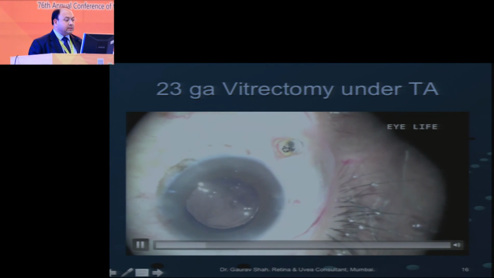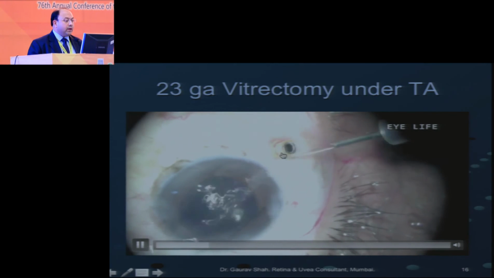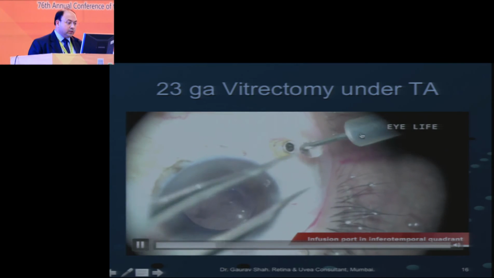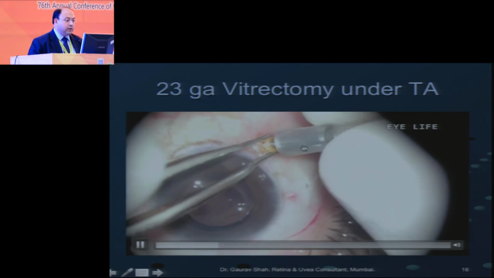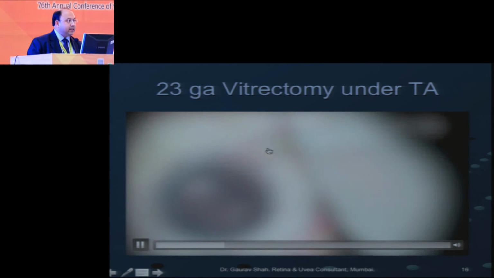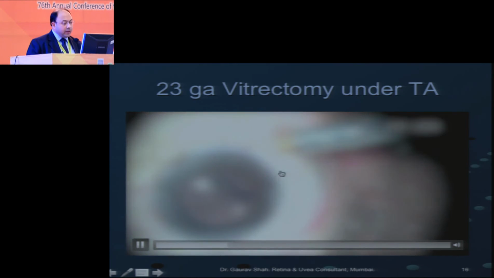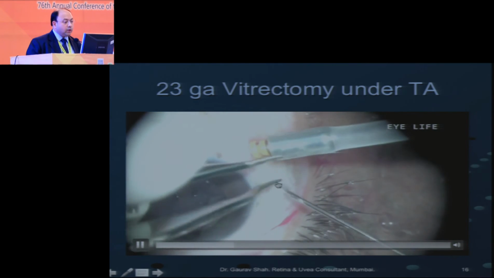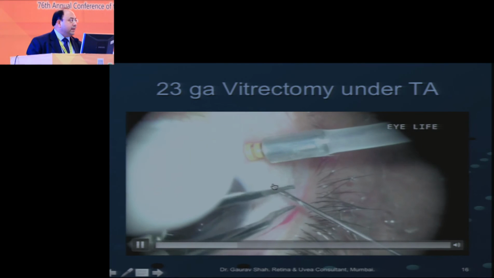We usually insert 3 cannulas, one in the inferotemporal through which we put in the infusion. So this is the infusion sleeve through which the balanced salt solution enters inside the eye, again through the pars plana, and we make 2 more sclerotomies, one on the temporal side and one on the nasal side.